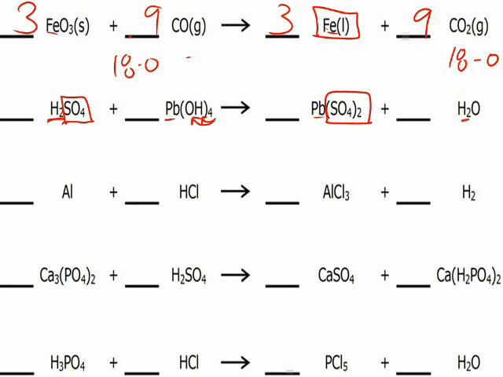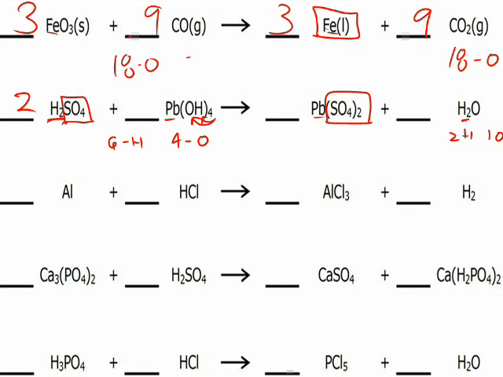And we have 4 oxygens. So we have a total of 6 hydrogens and 4 oxygens. But on this side we have 2 hydrogens and 1 oxygen. Let's first just balance these sulfates. Let's put a 2 here.